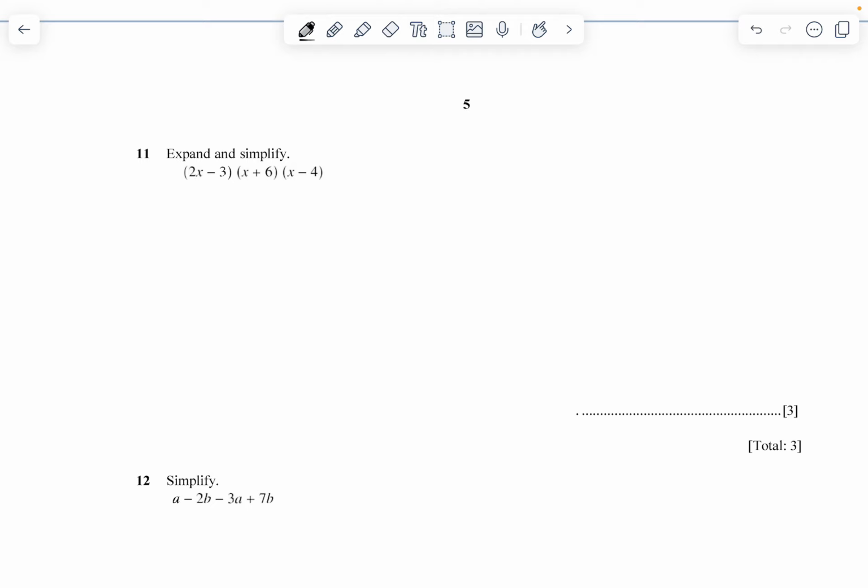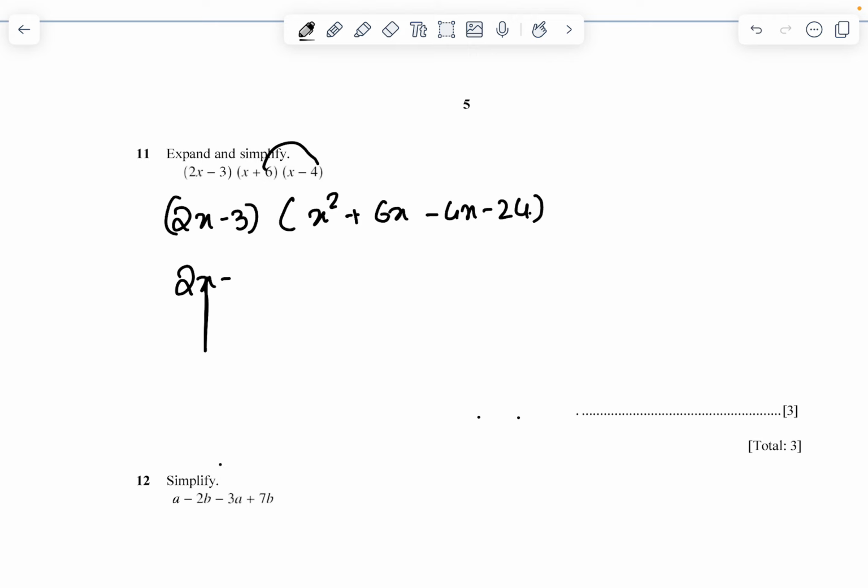So coming to question number 11. It is 2x minus 3 times, multiply these both, x squared plus 6x minus 4x minus 24. So it becomes 2x minus 3 times x squared plus 2x minus 24.